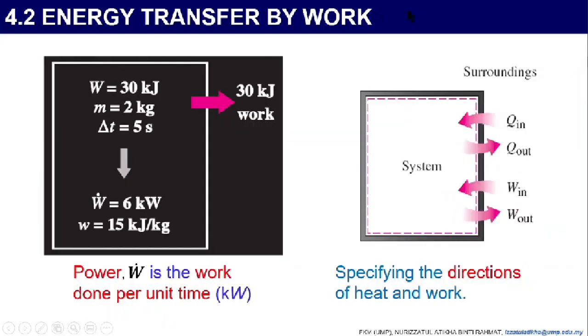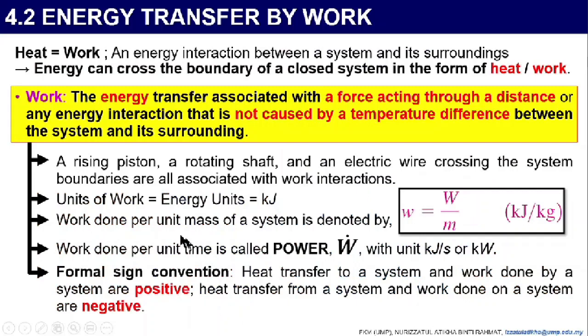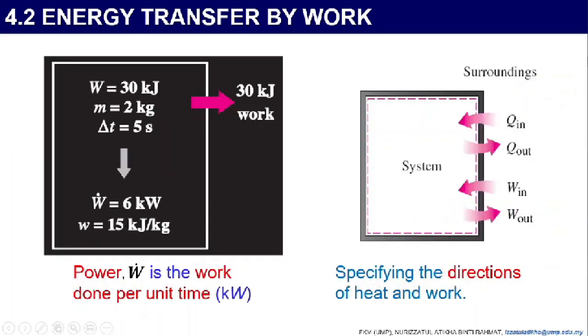So for energy transfer by work, we have work 30 kilojoule, mass 2 kilogram, and delta T 5 seconds. So we have power W dot equal to 6 kilowatt, and small w, which is work per unit mass, equal to 15 kilojoule per kilogram.